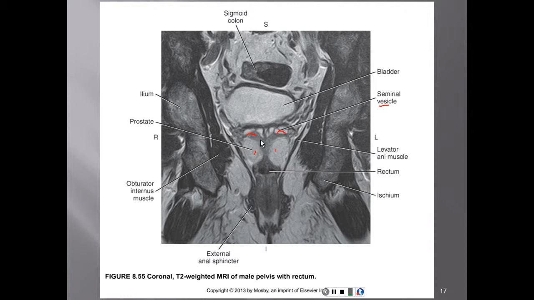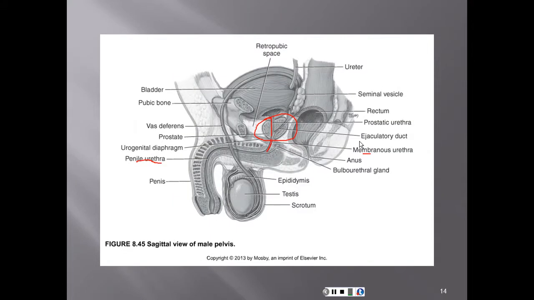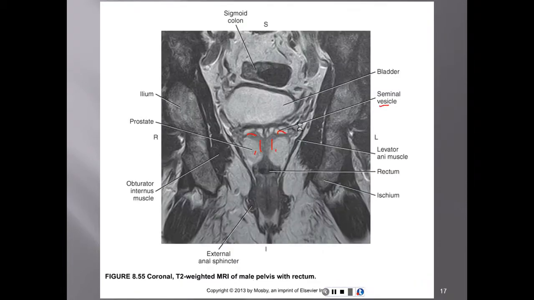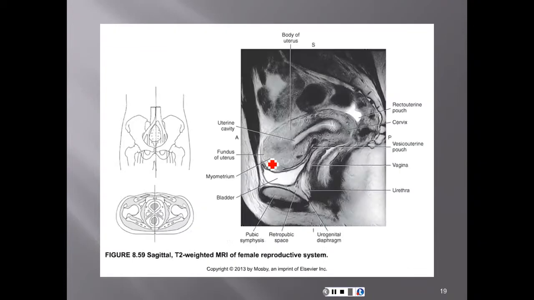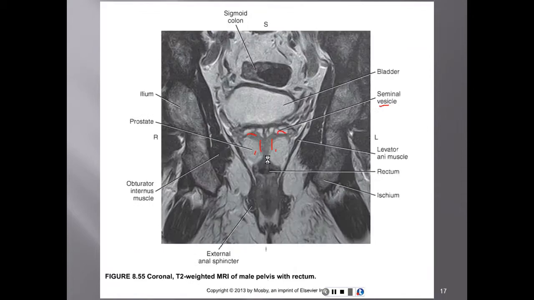And the seminal vesicle leads down to the prostate by way of the ejaculatory duct, and then from there it can lead into the wrong way, I'm sorry.